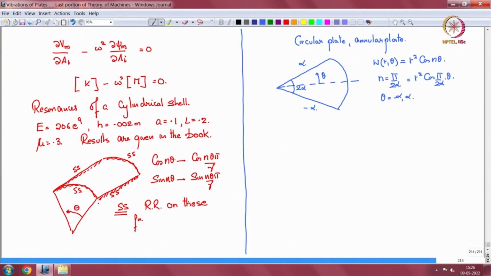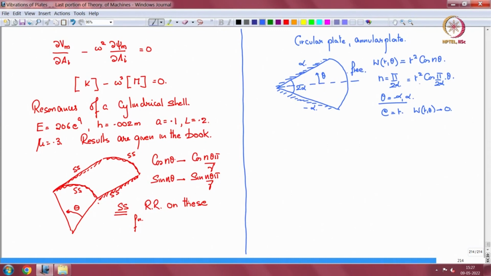Now, at theta equal to plus minus alpha and at r equal to 0, this function w(r, theta) goes to 0. So, this is like a supported sector of a plate, and this is free over here.